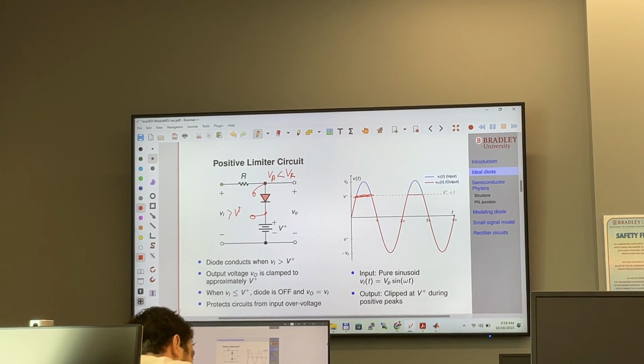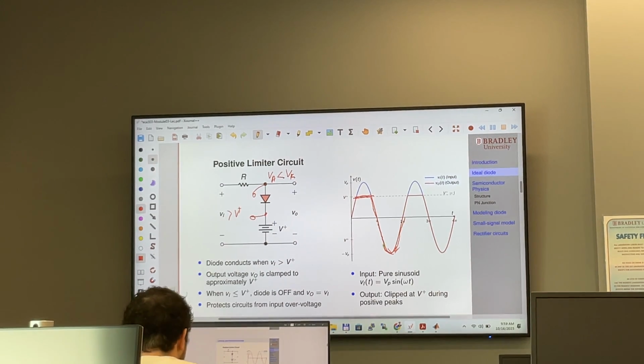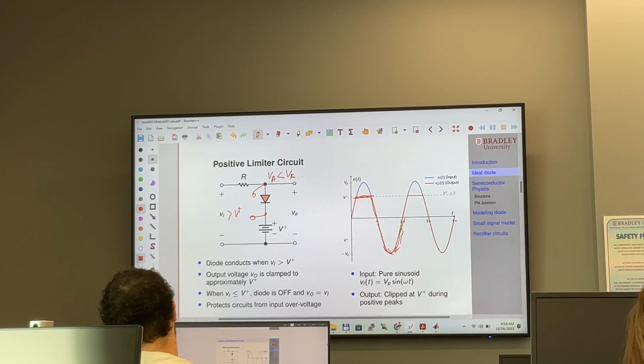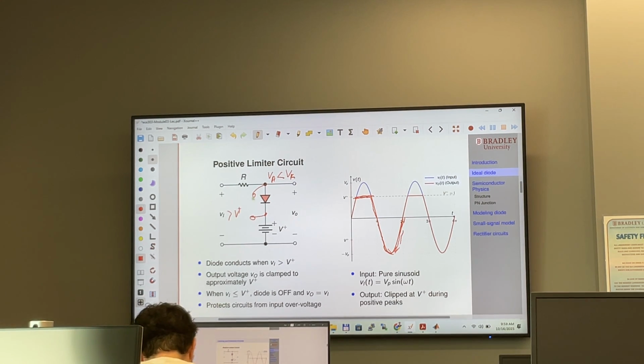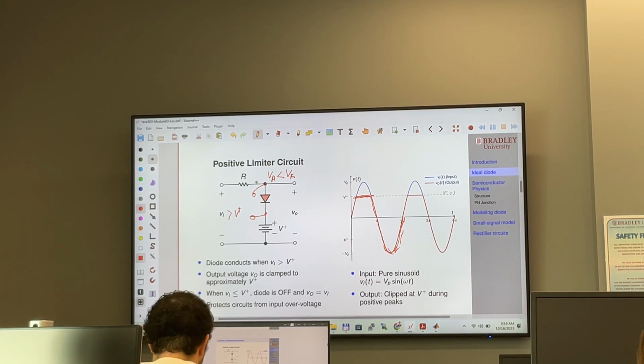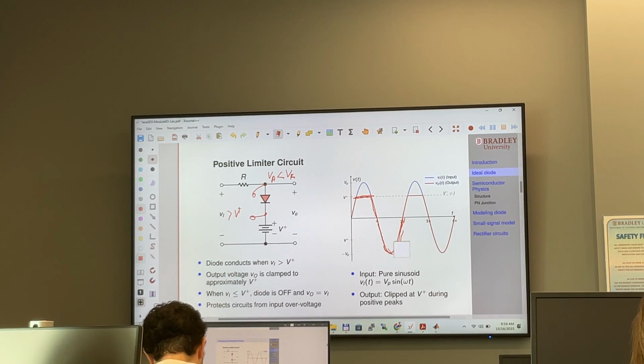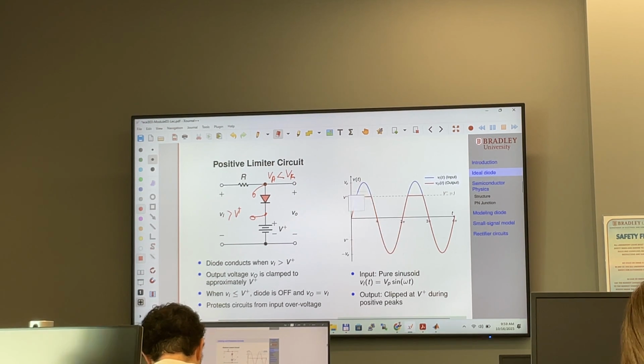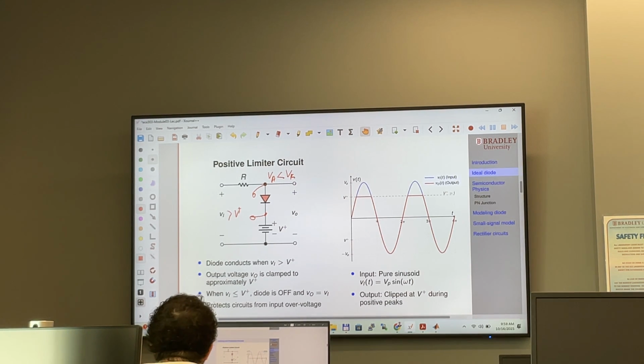Whatever voltage is on the source, you see it at the output. So that's why we are simply limiting the positive cycle, not the negative cycle. So this is one simple limiting circuit.